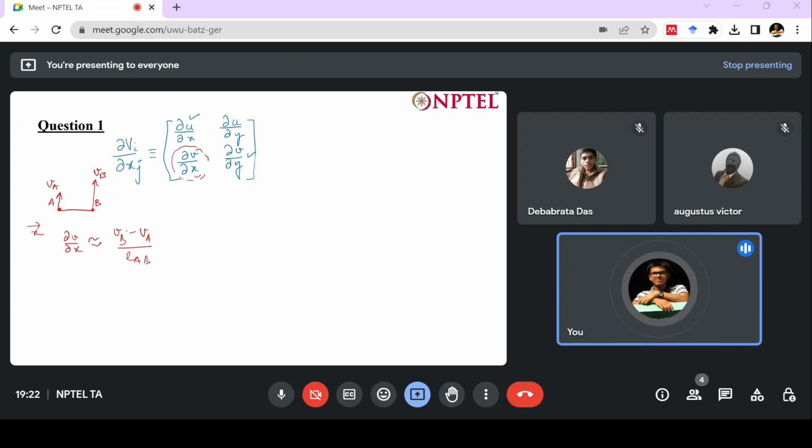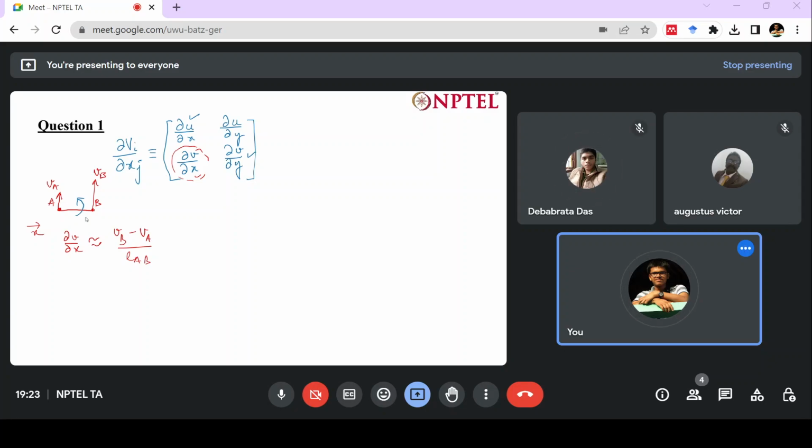So this gives us a measure of the difference in the velocities of these two points. What this is trying to say is how much this element is rotating in this direction. If B has a slightly greater velocity than A, then this element will give us a rotational motion. You understand this?